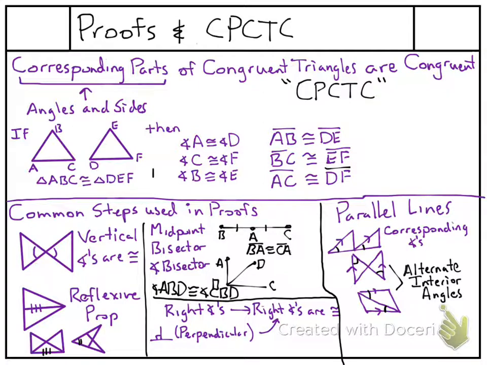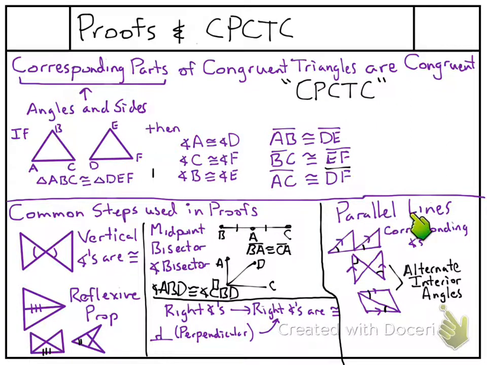And that's going to be by the definition of an angle bisector. So this idea of taking something, splitting it into 2 congruent parts, and setting them congruent to one another shows up. Anytime we have right angles, we know they equal 90 degrees. If I have 2 angles that equal 90 degrees, I'm going to say that right angles are congruent. Being perpendicular is also connected to that, because if I have perpendicular lines, I have right angles, and right angles are congruent. So we'll see those come up as well.